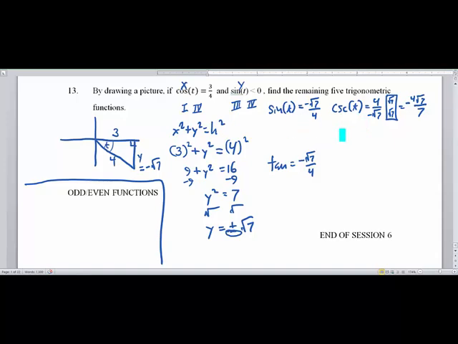Now, the reciprocal of cosine is secant, and that's really great, because the reciprocal of 3/4 is 4/3. That's nice. And the reciprocal of tangent is cotangent. And I forgot my t there. All right, and that's going to be 4 over, well, actually, let's see, cotangent, adjacent over opposite.